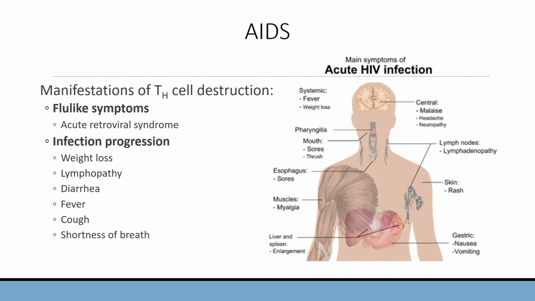Lymphopathy, which we already discussed, is the swelling and tenderness of lymph nodes, diarrhea, fever, cough, shortness of breath. Those are all very non-descriptive manifestations. And so this is kind of an insidious virus because really you just think you're kind of sick. Okay, and it's much more severe than just sickness.